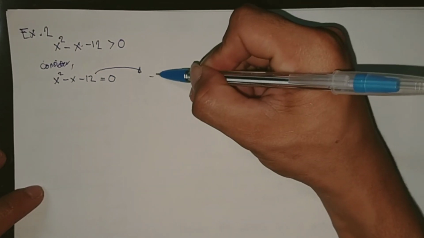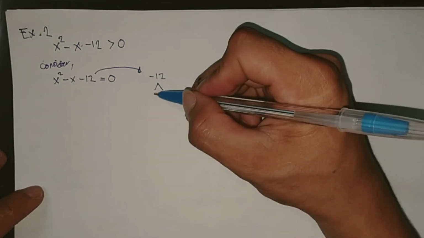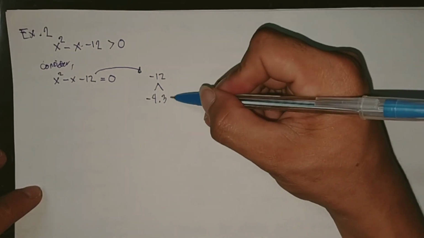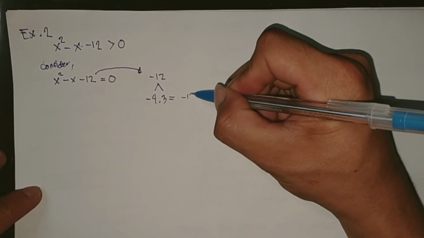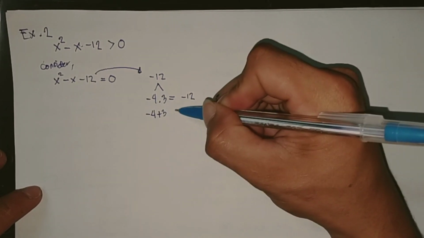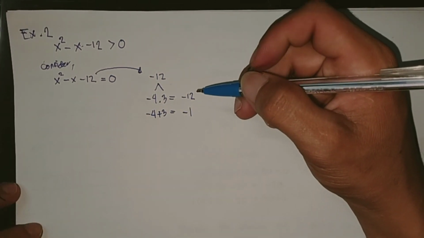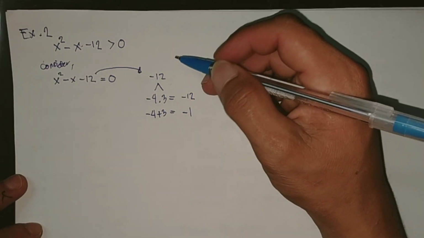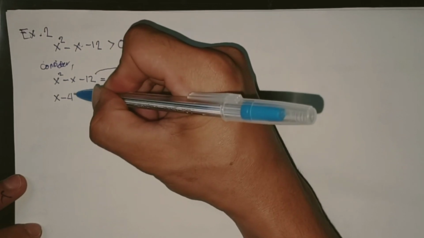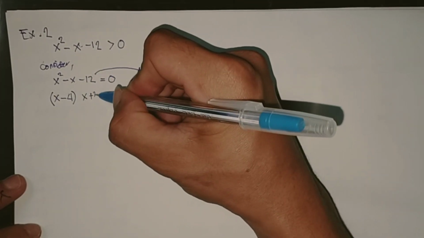To factor the equation, let's factor first the last term of the equation, which is negative 12. Negative 4 times 3 is equal to negative 12. Negative 4 plus 3 is equal to negative 1. We have the factors x minus 4 and x plus 3 equal to 0.